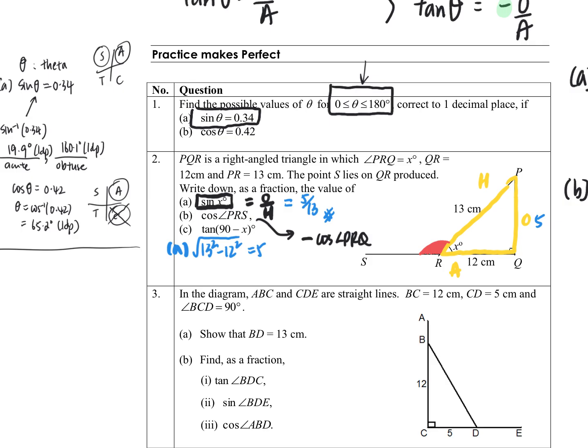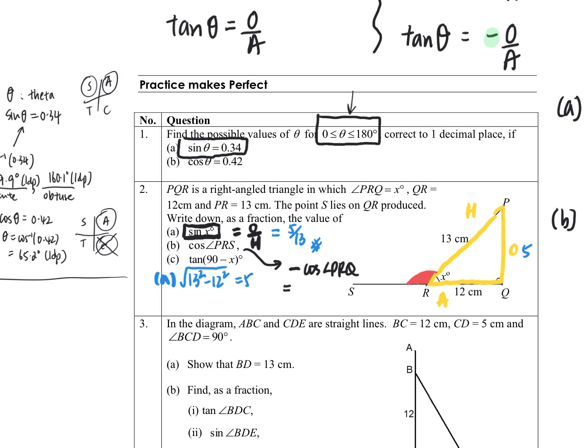So same thing, when I'm finding cosine of PRS, it is negative of the cosine of PRQ, the one next door, but you add a negative sign. Okay, so to find the answer, it's just A over H, so it's 12 over 13 with the negative sign in front. So that's the only tweak that you need to be comfortable with. Yes.